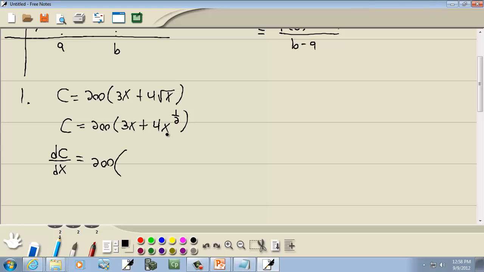And then we'll take derivative of what's inside the parentheses. Well, derivative of 3x is 3. The derivative of 4x to 1/2: take our power, put it out in front, lower it by 1.